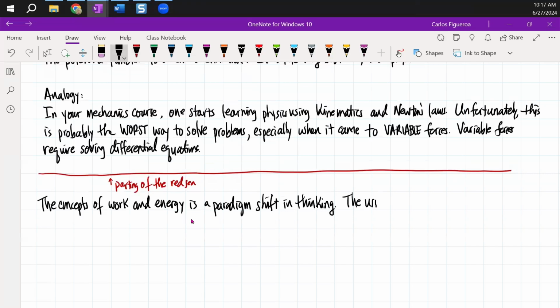The usual way of doing mechanics is quickly replaced with conservation laws.